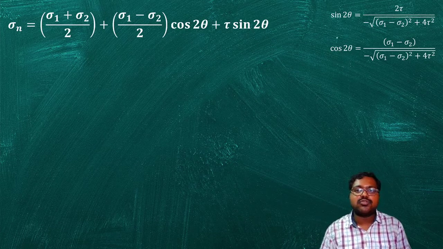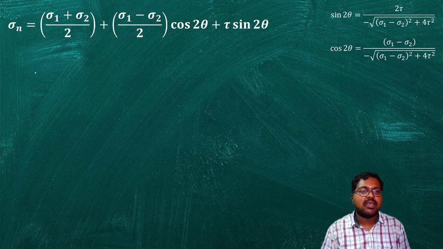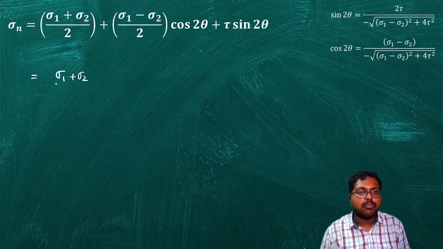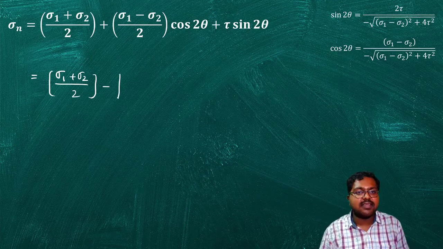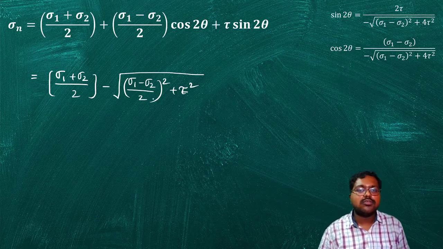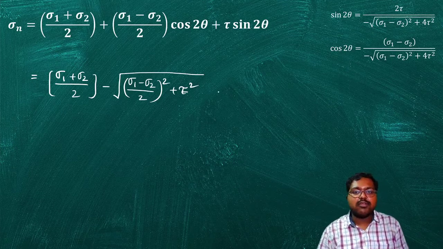If we keep these two values in this equation, I will get a simplified solution like (sigma 1 plus sigma 2) by 2 minus under the root of ((sigma 1 minus sigma 2) by 2) whole square plus tau square. So this is the final value for sigma n minor.